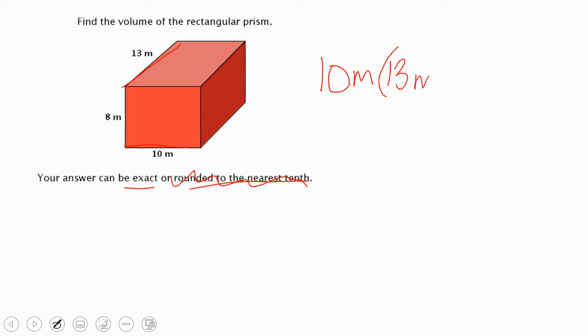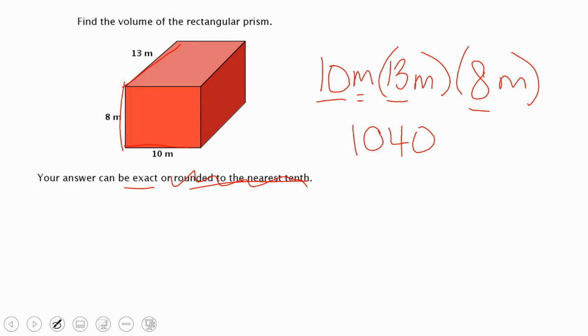It doesn't matter which numbers you use for which, because multiplication is commutative. And then you multiply that by the height, which is 8 meters. So you'll do 10 times 13 times 8. When you do that, you're going to get 1,040.